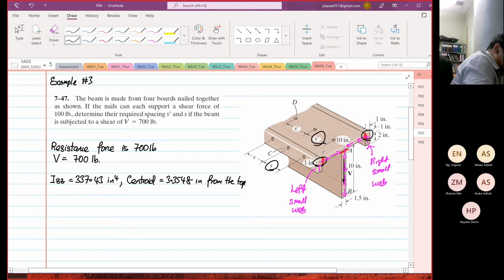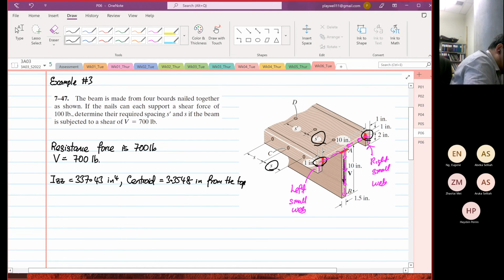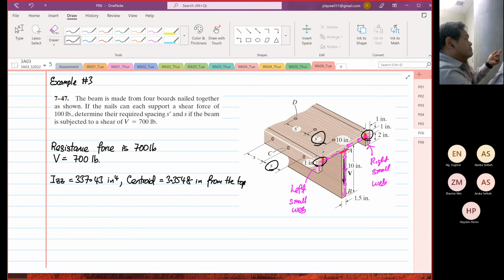Then some of you will say, Eugene, what are you talking about? You know this example that you showed us? Why did we consider this area? Yes or no? Because you consider the entire area because the nails are going through the entire horizontal flange. For this case, the nail on the horizontal left and the nail on the horizontal right are not linked at all.